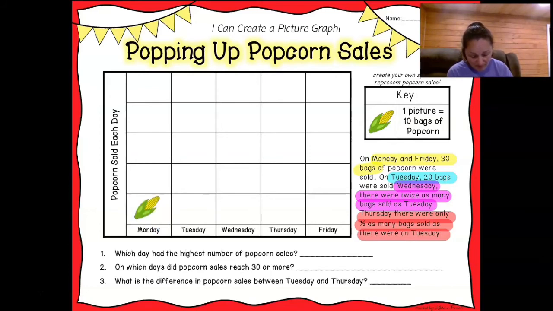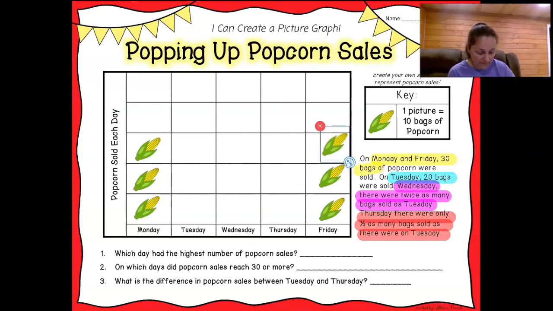Put one here. And then I'm going to put one right there. So 3 bags on Monday, and then I'm also going to do that on Friday. Looks good. So I've got my 3 ears of corn because it's 30 bags.